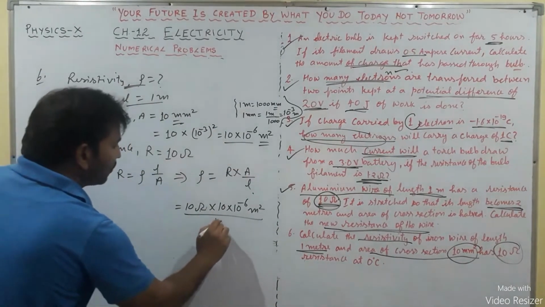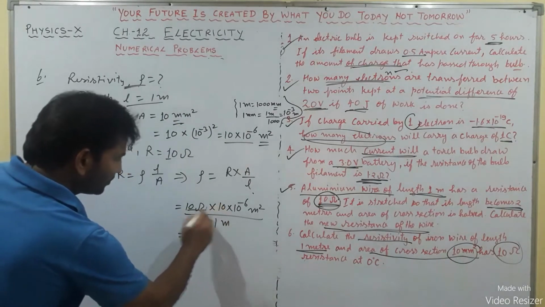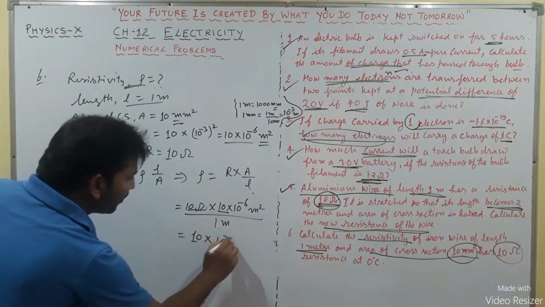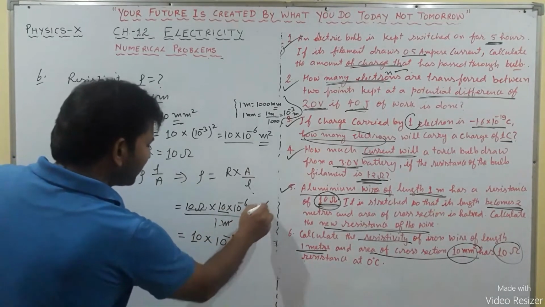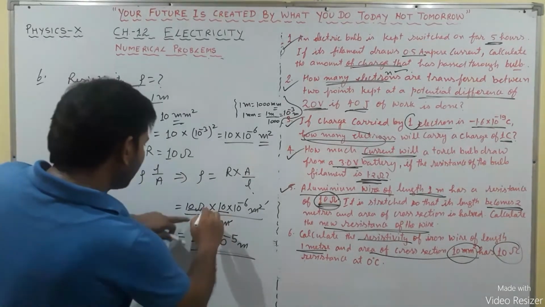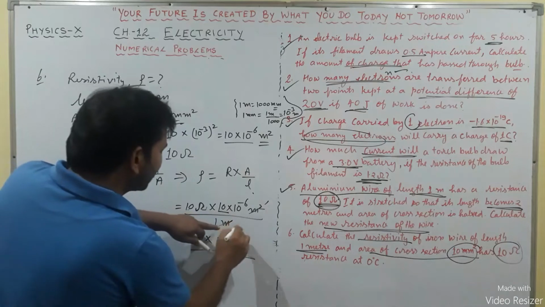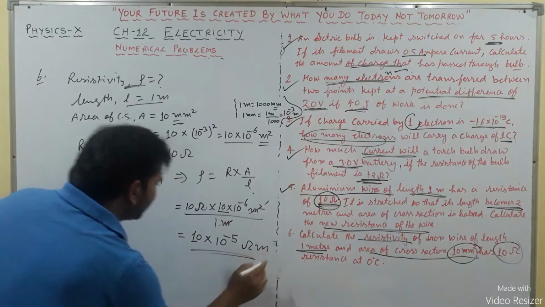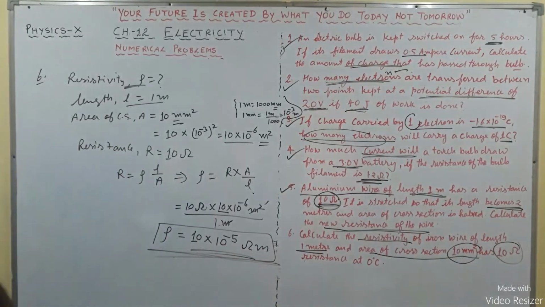That is 1 meter. So on solving this, you will get 10 into 10 raised to power minus 5 meter. You can cancel 1 meter by 1, then you will get ohm meter. That is the resistivity of the wire.